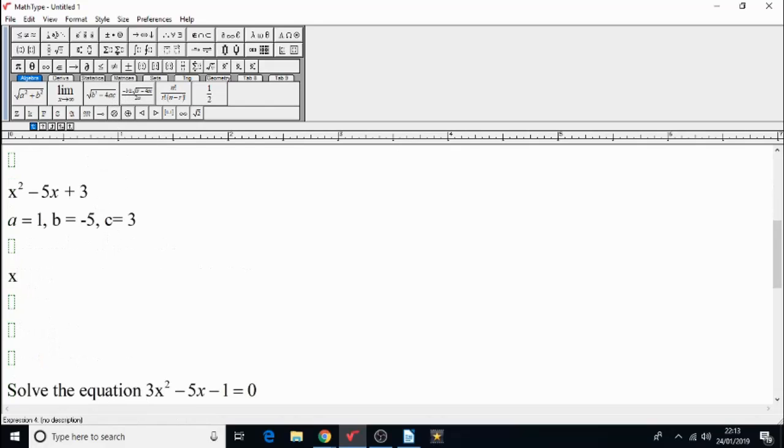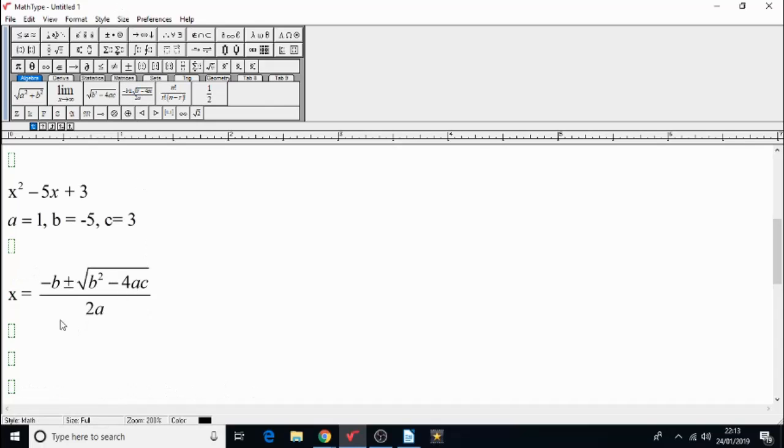So x is equal to, we're going to put the values into this formula. We're going to put our b value in here, minus 5, our a value in here, and our c value in here.